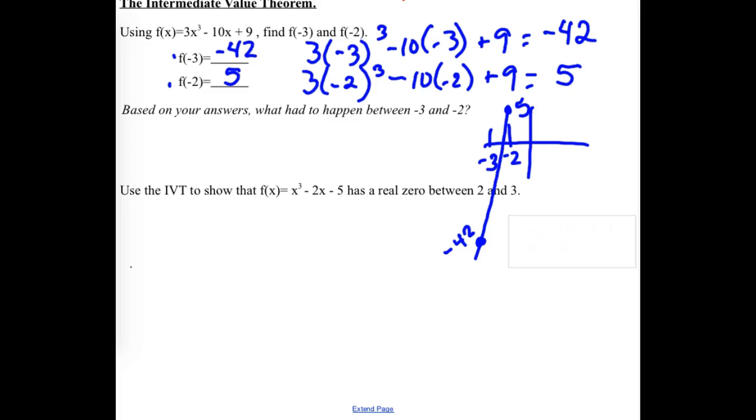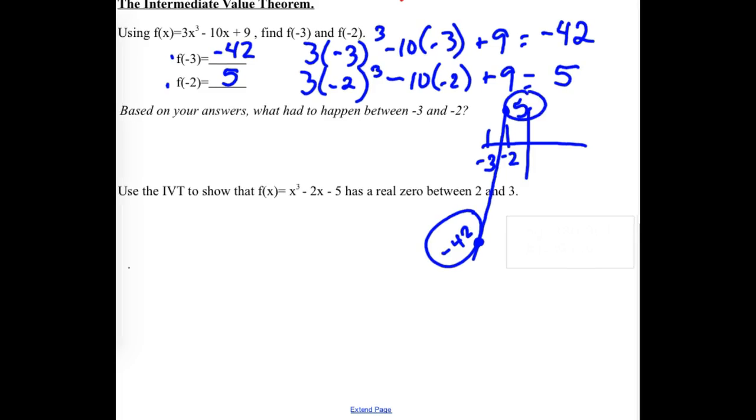And because we're going from a negative value to a positive value, the intermediate value theorem basically says, well, then you had to have crossed 0. You had to have crossed the x-axis. So based on this, we must have a 0 somewhere between negative 3 and negative 2.